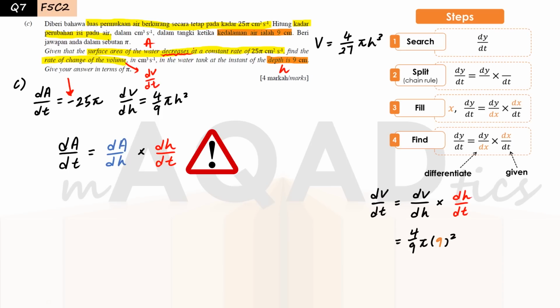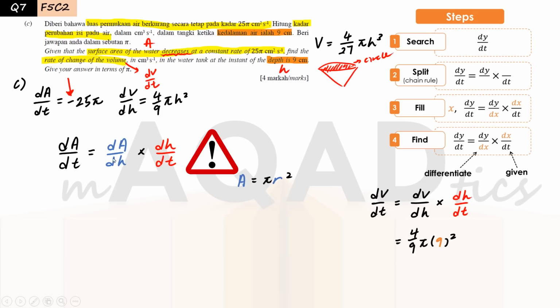As we know, the shape of the water currently is a cone shape, right? So the surface of the water is here, which is actually a circle. To find the surface area, we just find the area of the circle, which is pi r squared.